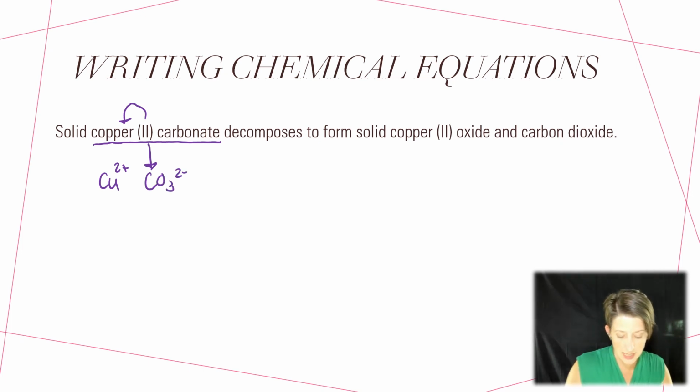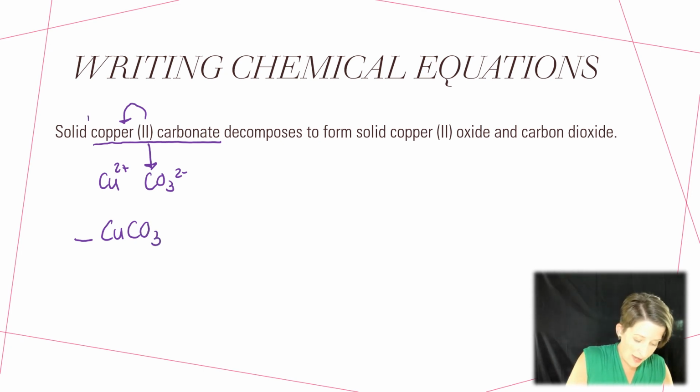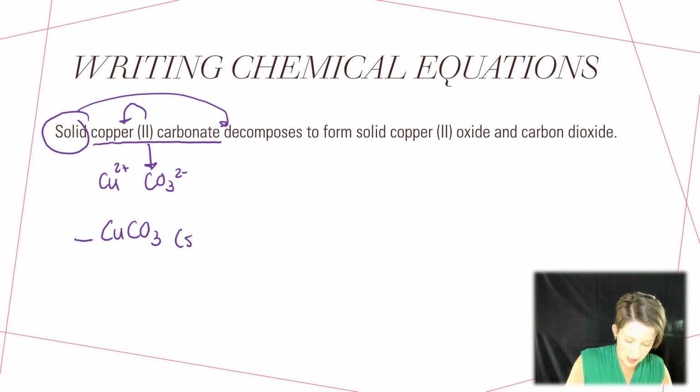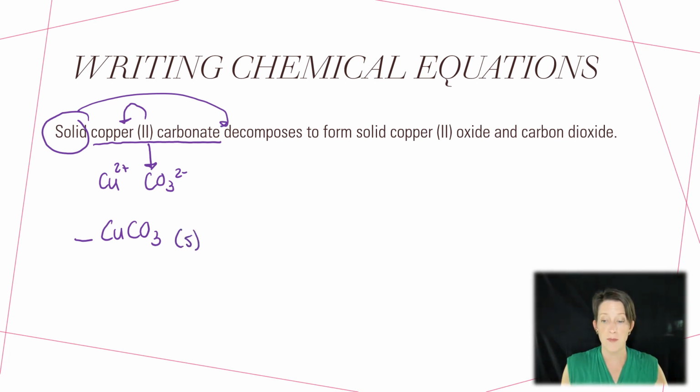You can use your data sheet if you do not have that memorized. So these are both ions, therefore it's an ionic compound. We want to make sure it's a neutral compound. Both have the same charge, therefore it makes it easy for us. So we have copper carbonate. The state of matter follows behind in parentheses of the compound we're writing with.